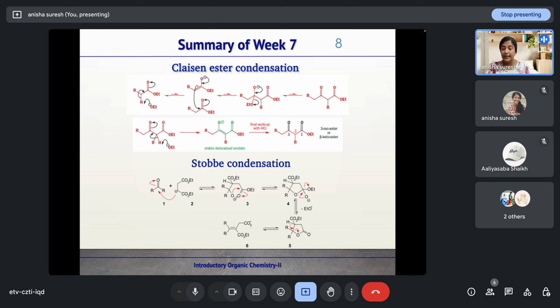Now this alkoxide O minus can add on to this ester, leading to another tetrahedral intermediate, and once it falls back, this OEt will get removed, leading to formation of this lactone, and then an E1cB sort of mechanism. This proton will be abstracted, leading to formation of a carbon-carbon double bond, and this carbon-oxygen bond will break, leading to formation of CO2 minus. So this will be the final product. This reaction is known as Stobbe condensation.